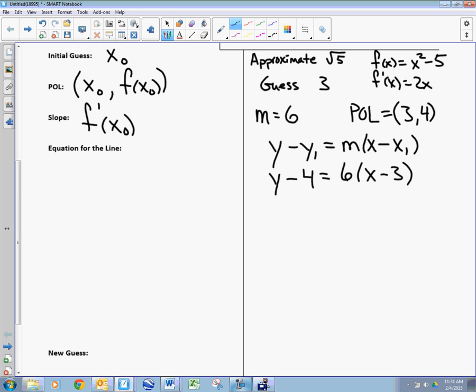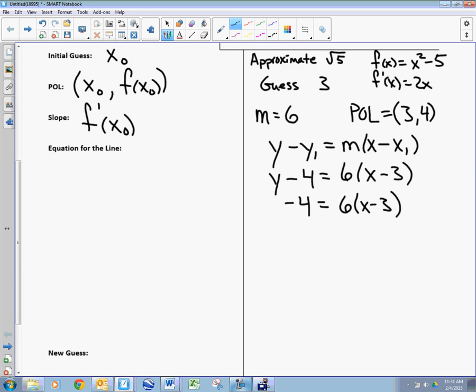Now, if this is the equation for my line, what part of the line am I trying to find? The x-intercept. The x-intercept occurs when y is equal to 0. So let's not put it in slope-intercept form. We'll just put 0 in for y. Negative 4 is equal to 6 times x minus 3.